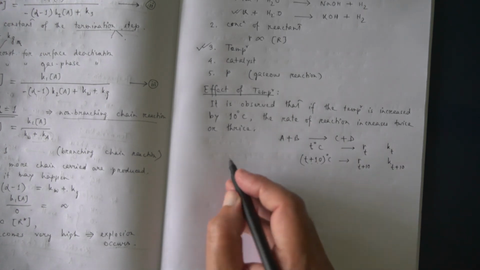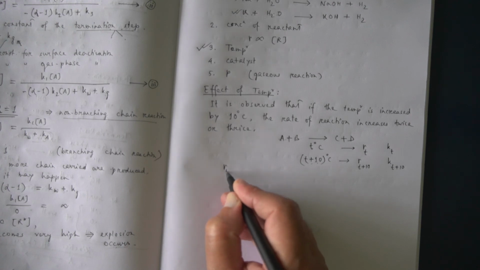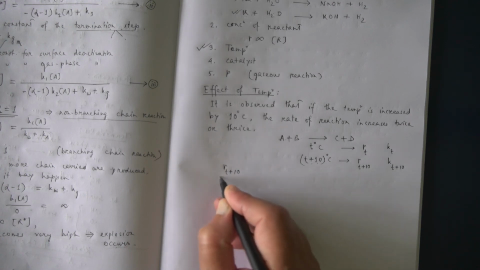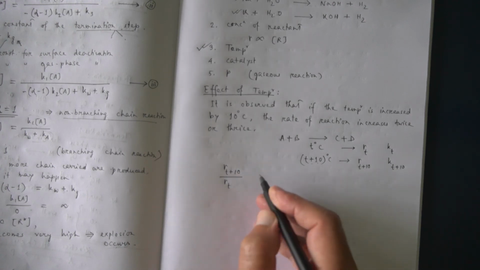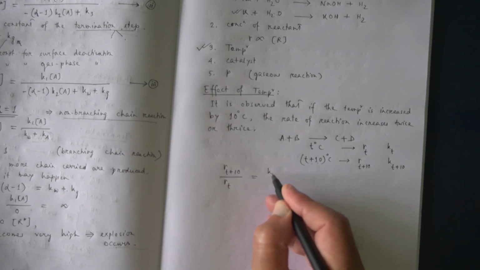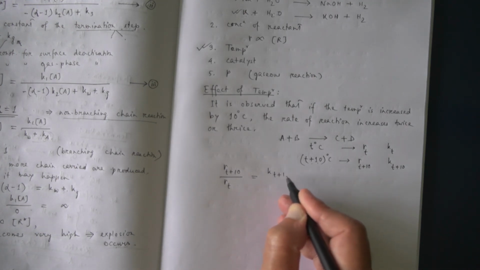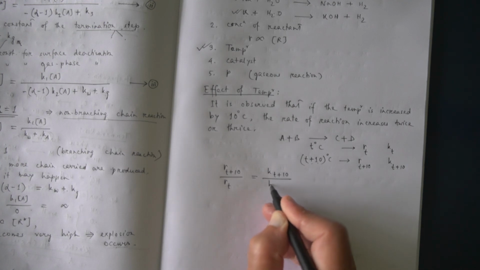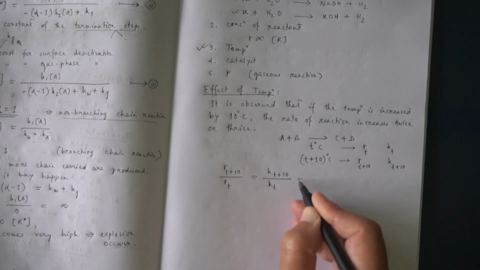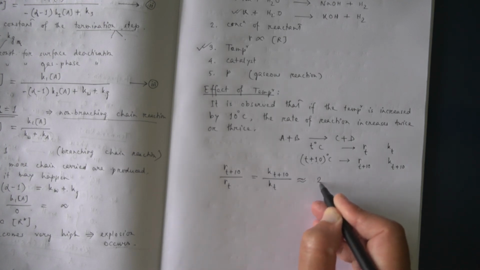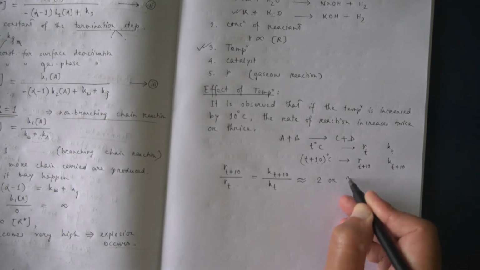That means R at T plus 10 by R at T, that is equal to K at T plus 10 by K at T, will be equal to 2 or 3.